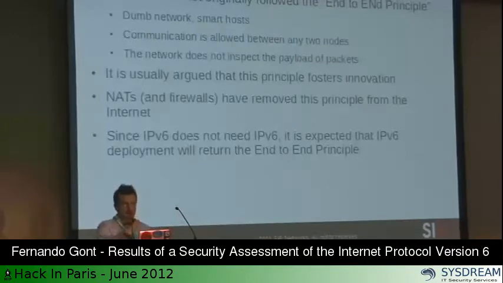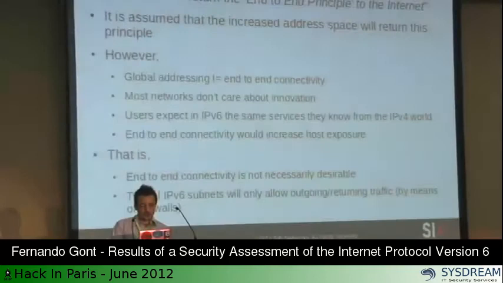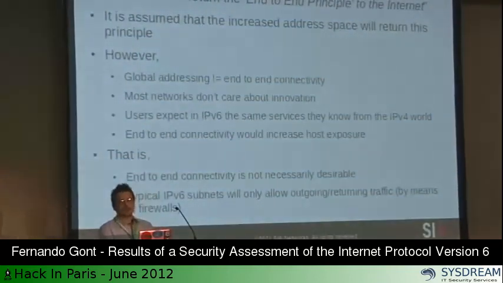Many people expect that since IPv6 by itself doesn't require the use of NATs, because we have plenty of address space, as a result of IPv6 deployment the end-to-end principle will return to the Internet. So this is the myth related to this aspect. Many people argue that with IPv6 deployment, the end-to-end principle will return to the Internet. That is usually assumed to be a good thing.